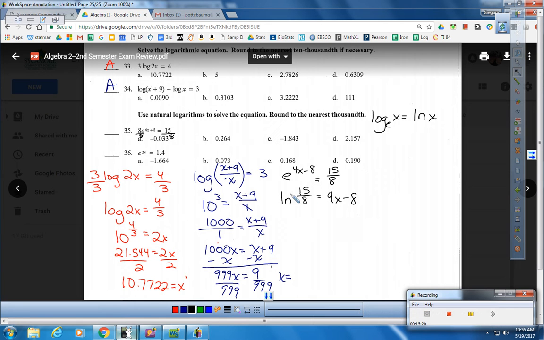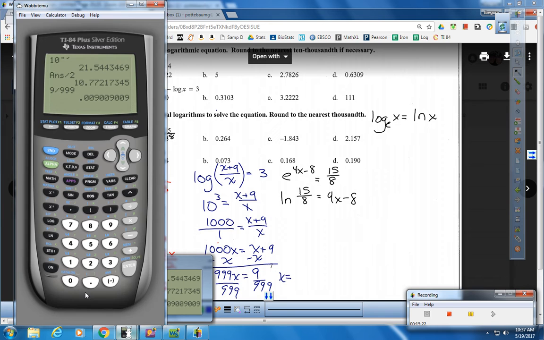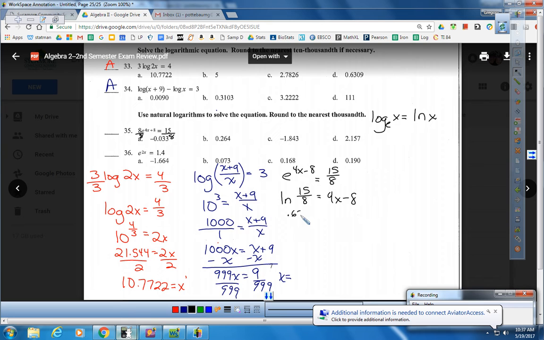Now this is going to be, again, a nice ugly decimal for us. Natural log 15 over 8 is 0.6286. So 0.6286 equals 4x minus 8. So I'll add 8 to both sides.